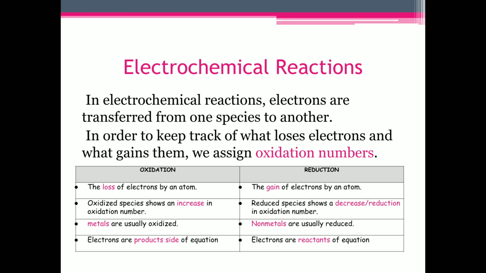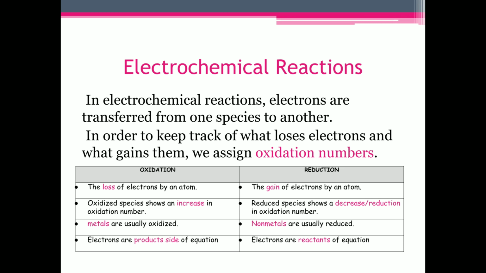This causes an increase in the oxidation number because electrons are negative. Metals very commonly react with oxygen and are oxidized, forming positive cations. And when we write electrochemical equations that represent oxidation, the electrons are on the product side as they are lost.